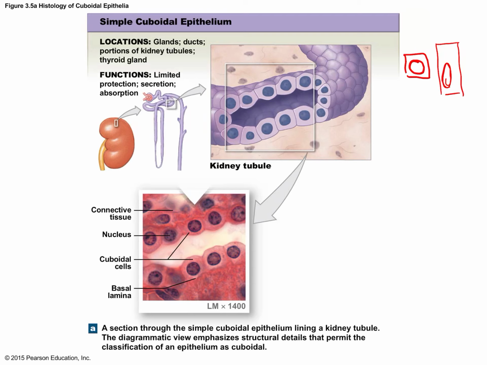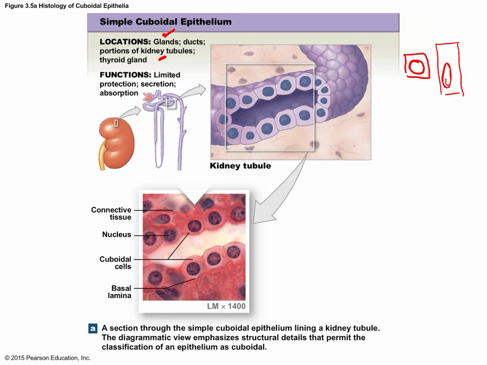So let's move through where you would find cuboidal cells. The best word to memorize and associate with cuboidal cells is glands. Any gland you can think of in the body, you have cuboidal cells. You have some parts of the kidney that are also cuboidal, but glands is good.